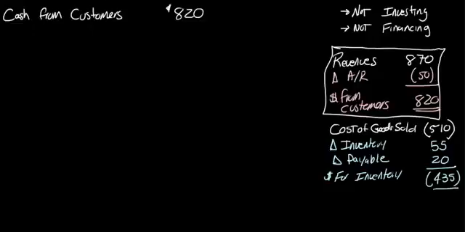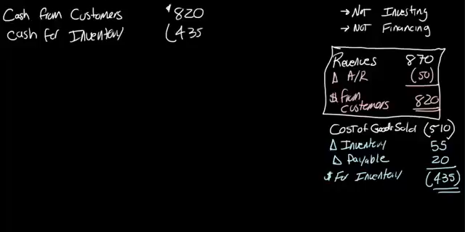I believe that's right. Yep. So cash for inventory is a negative 435. Box this off here to keep everything clean.